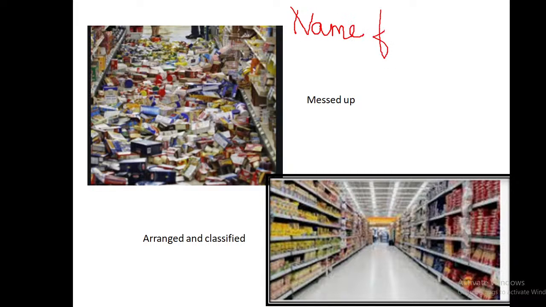Name 3 organisms. ഓരോരുത്തർക്കും ഇഷ്ടമുള്ളത് നോക്കട്ടെ. You can name any 3 organisms which you see around, which you find around your locality, or the names which you know. Any 3 organisms, simply.